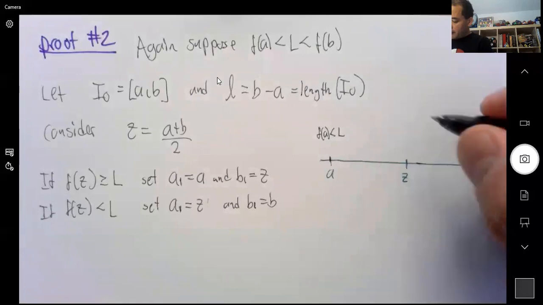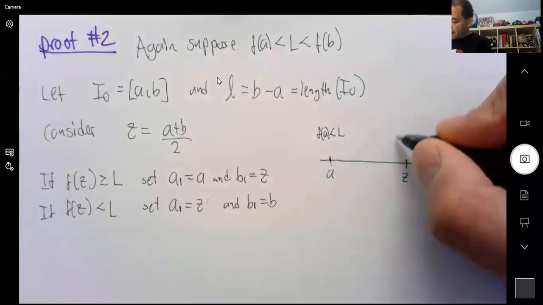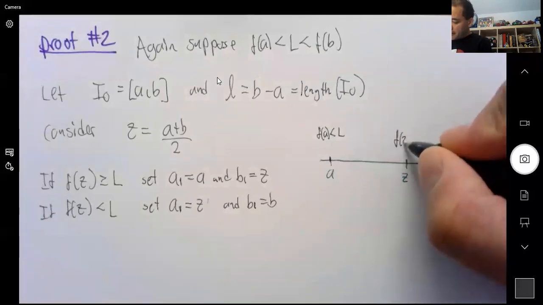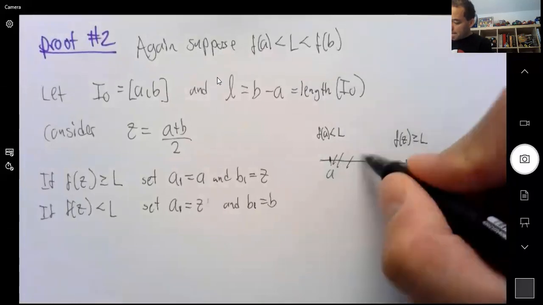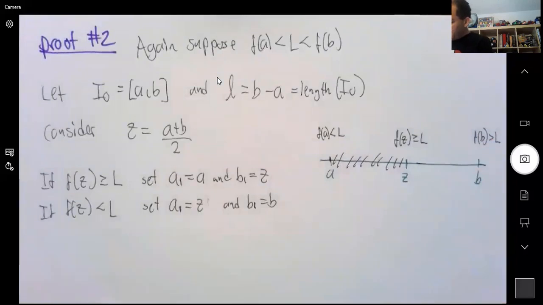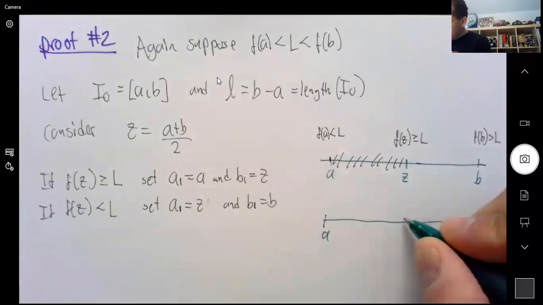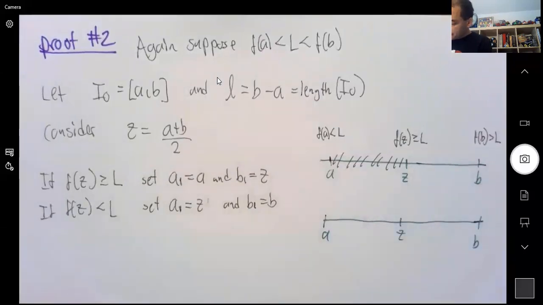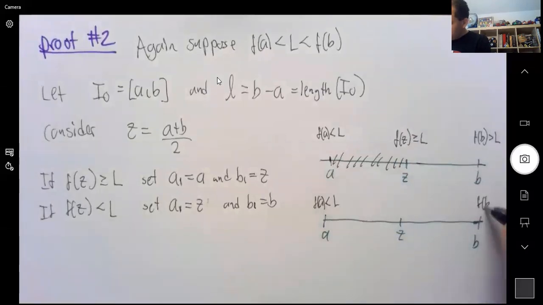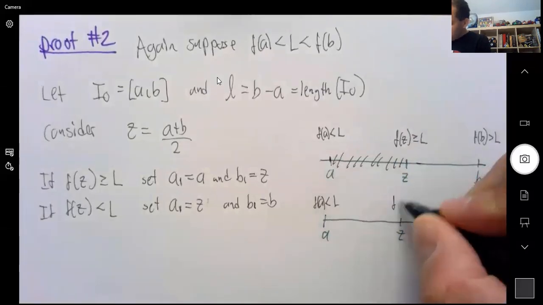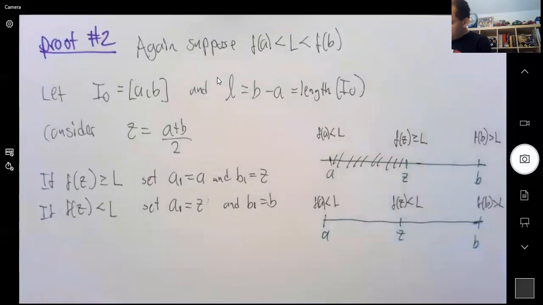So if, how do I write this? Like this. So if f of C is greater than or equal to L, pick this one. And if not, we do another picture. If f of C is less than L, then pick this one, right?